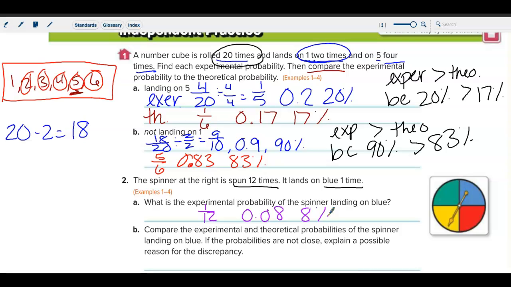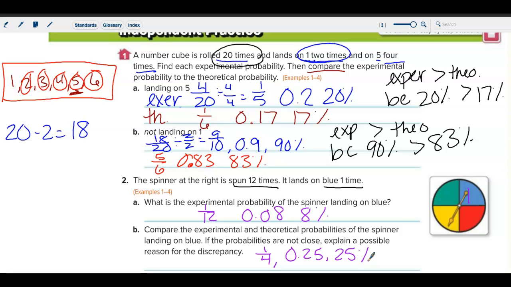B says compare the experimental and theoretical probabilities of the spinner landing on blue. If the probabilities are not close, explain a possible reason for discrepancy. Okay, so if I look at my spinner, I have 1 out of the 4 options that are blue, which is the same as 0.25, which is the same as 25%.